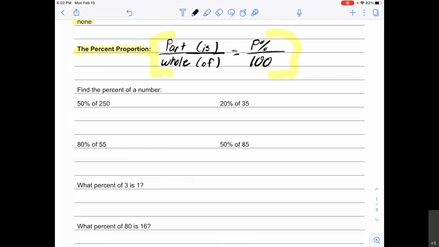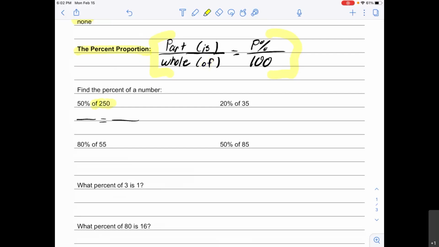So let's look at our first example, finding the percent of a number. To find the percent of a number using the percent proportion, here we have 50% of 250. The first thing I always like to do is set up my proportion. The first thing I see is I have the word of, 250.